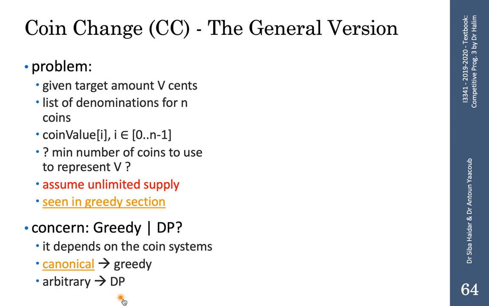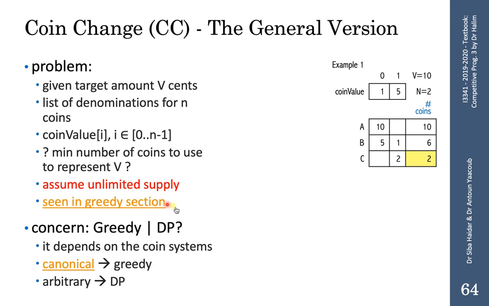Most of the coin systems in reality are canonical. If you want to return change, you don't have many possibilities. If you always subtract the maximum, the greedy will be a fine solution.